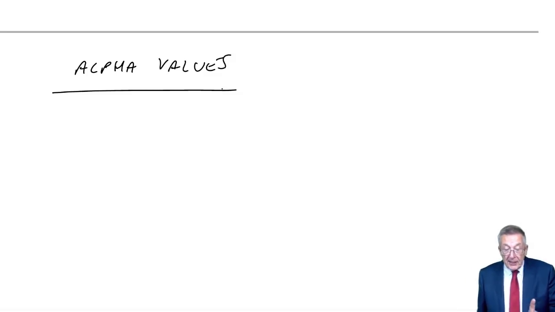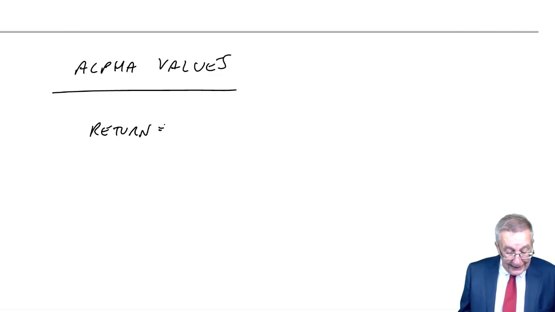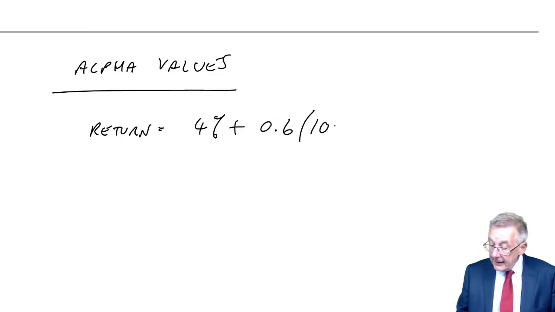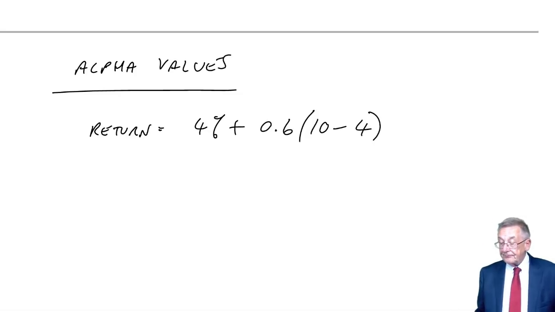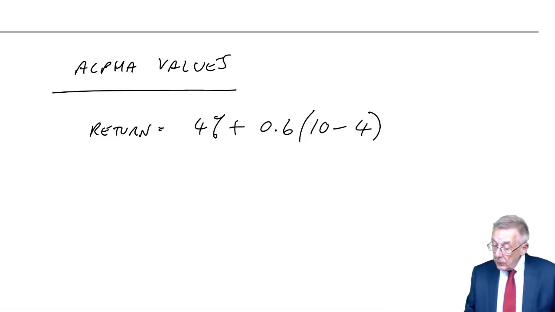D plc has a beta of 0.6 and is giving a return of 8%. The market return is 10 and the risk-free rate's 4. So according to capital asset, what should the return be? In theory, the return should be risk-free 4 plus beta 0.6 times the market premium, 10 as against 4, which is what? 3 points.